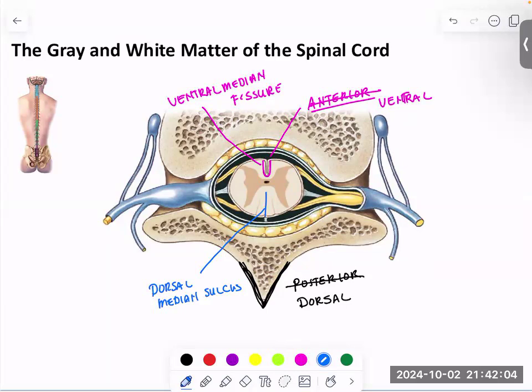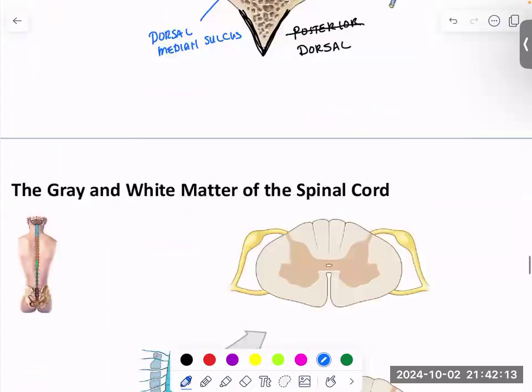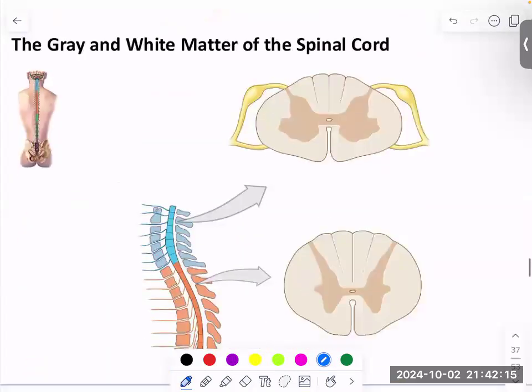So you have to be able to use those 2 points of reference to determine what is dorsal, what is ventral. For example, in this image, which side, A or B, which one is dorsal?